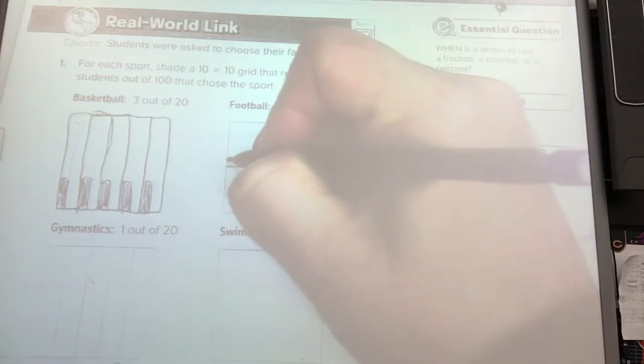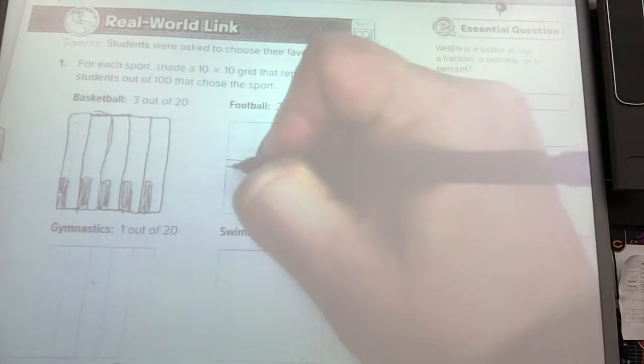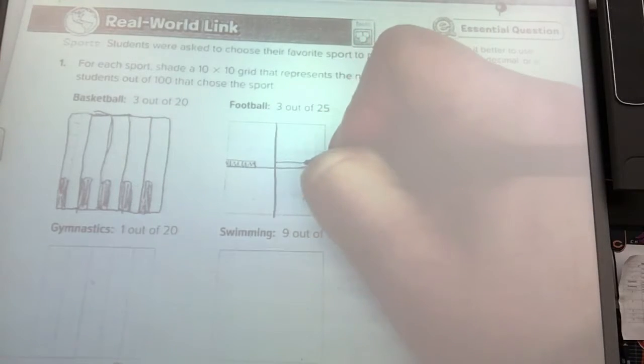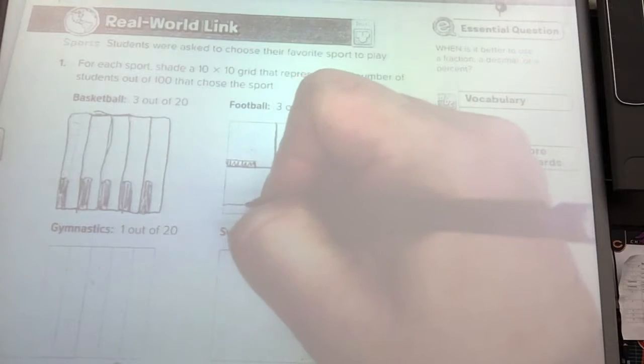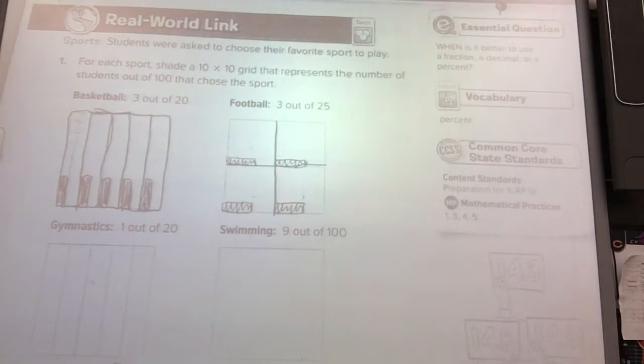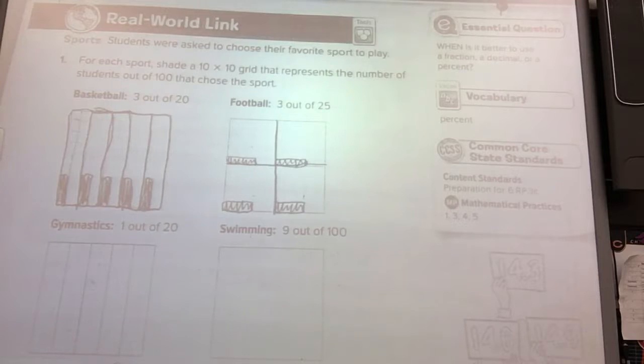So let's find 3 in each 25 square. You can go up or down, sideways, whichever way you want to do it. All right, so 3 out of 25 like football.